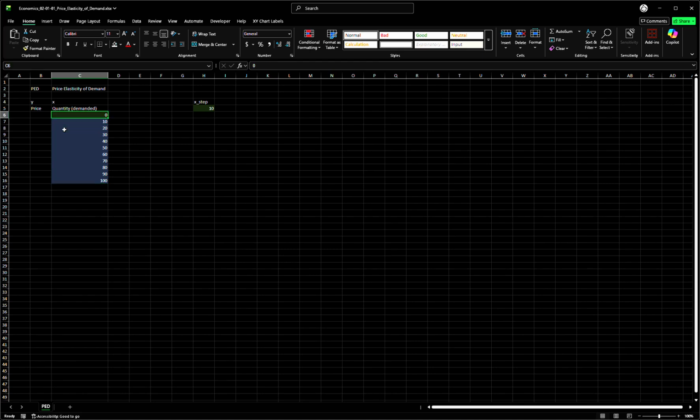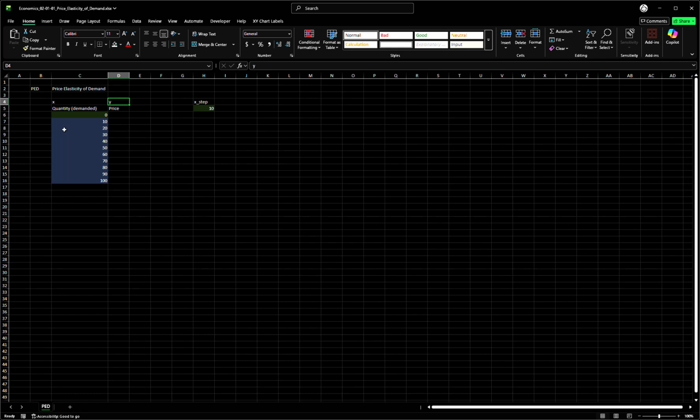So now that we have the x, we shall put the y as well. Okay, maybe I'll move the y over here. So we need a formula. Normally, the demand curve is downward sloping. So the slope is -1.